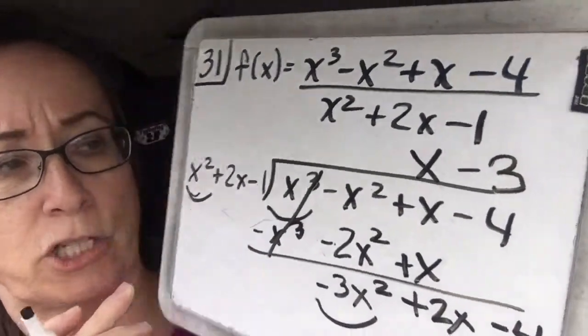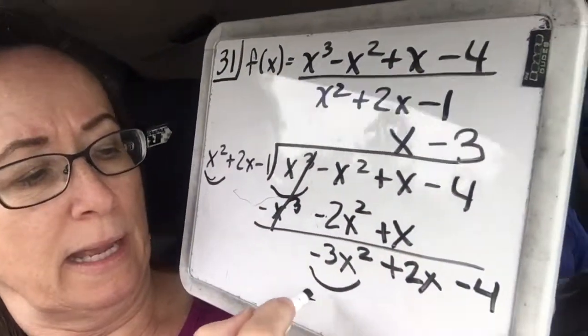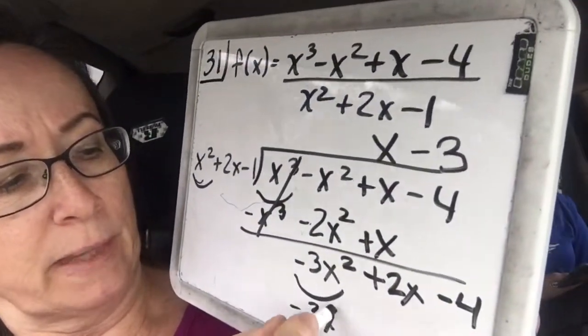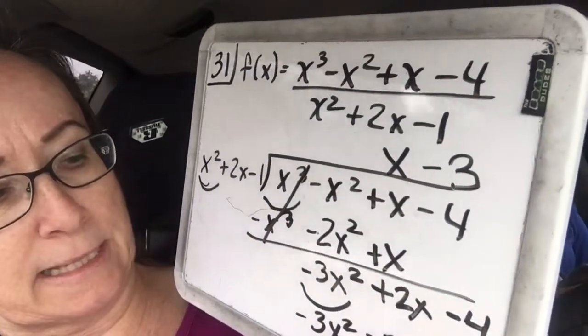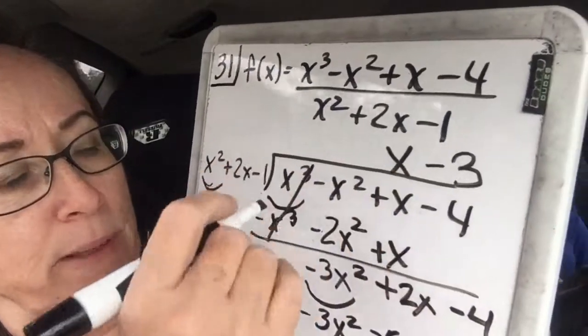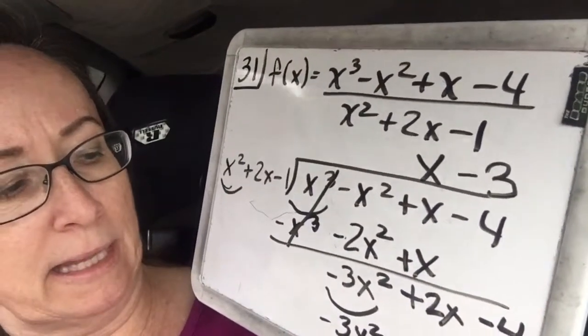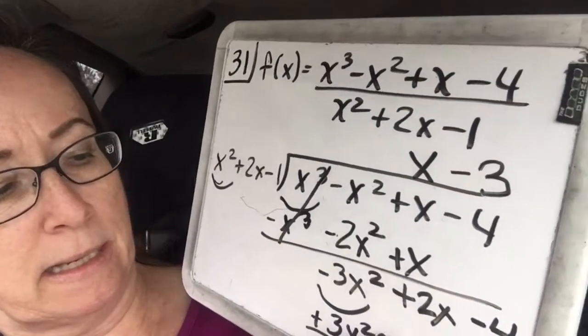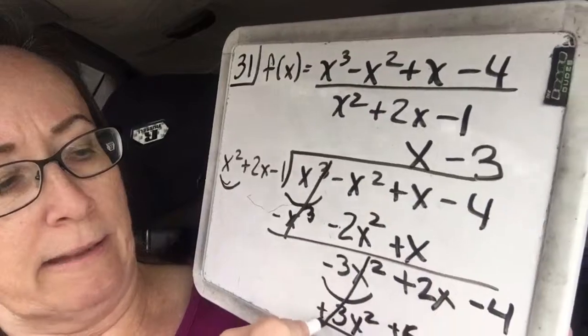What I'm doing now is just the check to make sure it works. Negative 3 times x squared is negative 3x squared. Negative 3 times 2x is negative 6x. And negative 3 times negative 1 is a positive 3. Then I'm changing my signs and adding. And that one goes out.